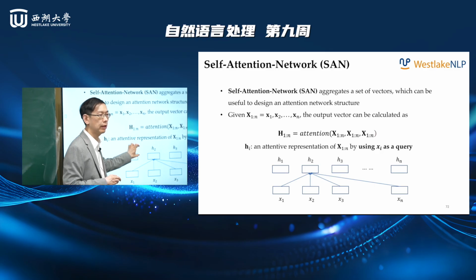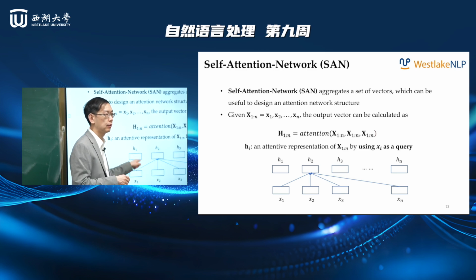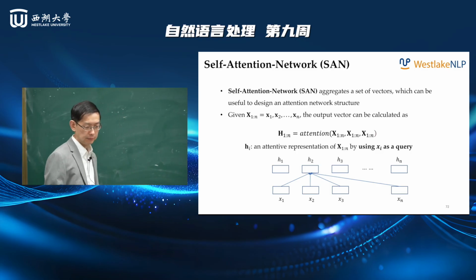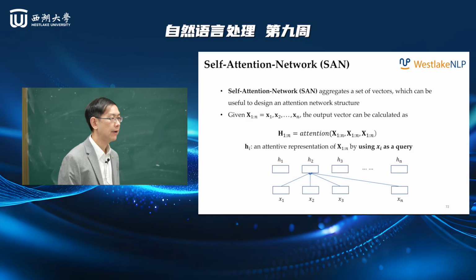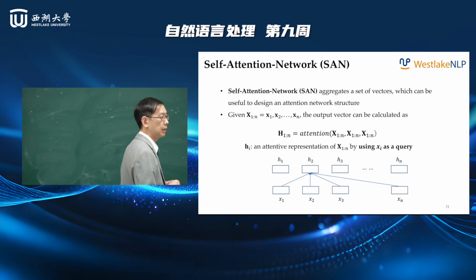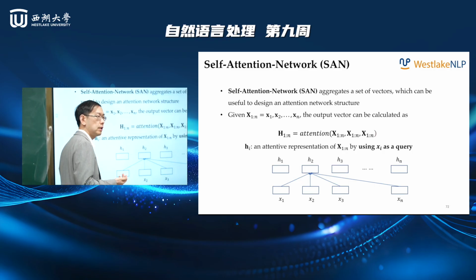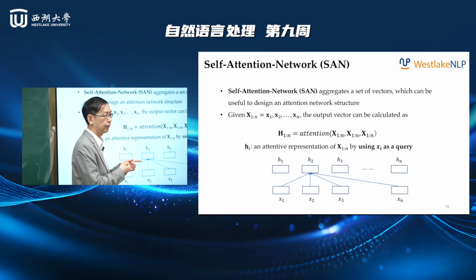I use the current vector as a query to query everyone else, and I aggregate everyone else for representing me. So this is the basic idea. All right, and then you say, this is fast. Because unlike RNN, we don't have to do 1 step, 2 steps, 3 steps. Just one go.